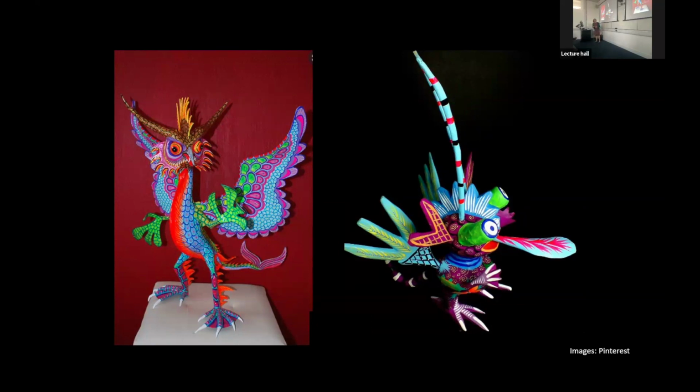And then Pedro woke up and started making alebrijes and became world famous because people love alebrijes with their brilliant colors and unusual combinations of body parts. But what I will try to persuade you of today is that nature doesn't like alebrijes.